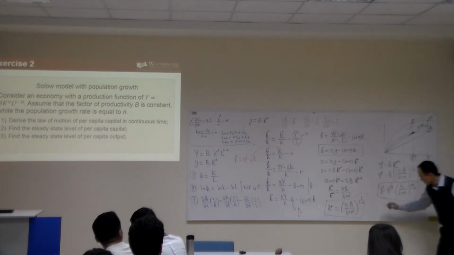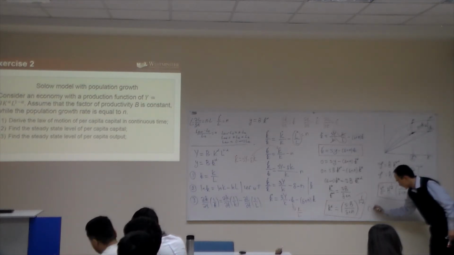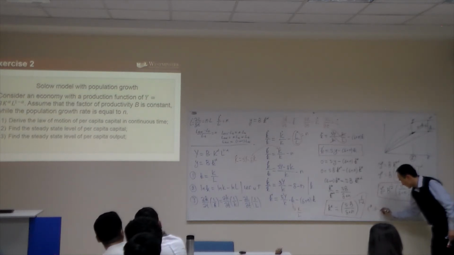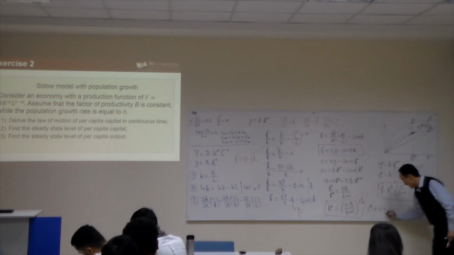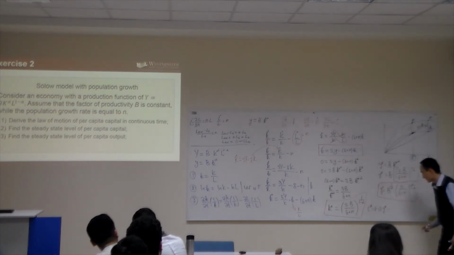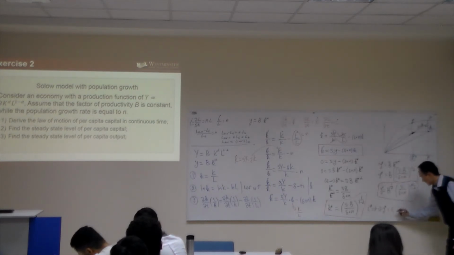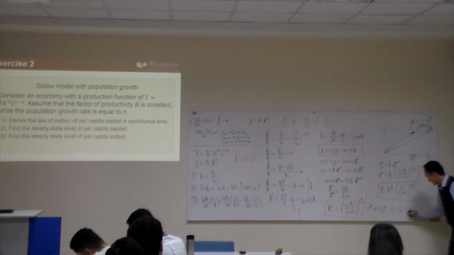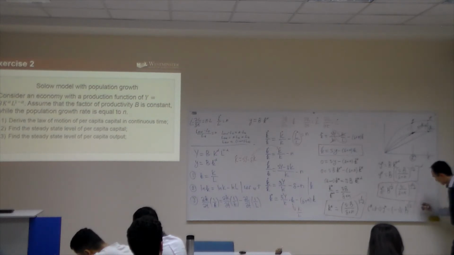And regarding consumption, that we already know, per capita consumption is going to reach steady state level, 1 minus saving rate times output in the steady state level. Or we can write it because it's found already: 1 minus saving rate times technology in the power 1 over 1 minus alpha, saving rate over depreciation plus growth in population in the power of alpha over 1 minus alpha.